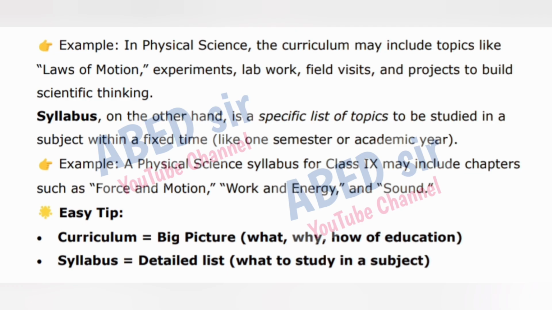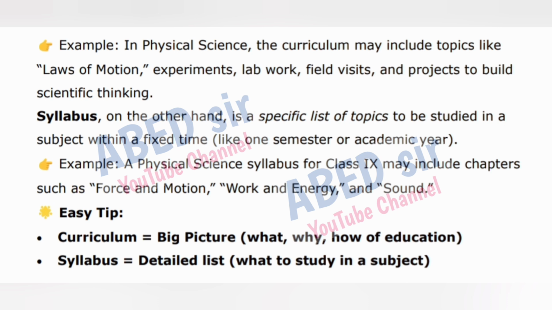Example, in physical science, the curriculum may include topics like laws of motion, experiments, lab work, field visits, and projects to build scientific thinking. Syllabus, on the other hand, is a specific list of topics to be studied in a subject within a fixed time, like one semester or academic year.